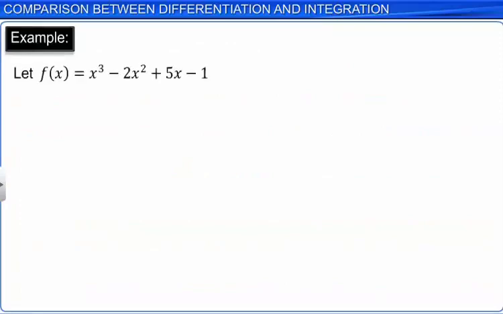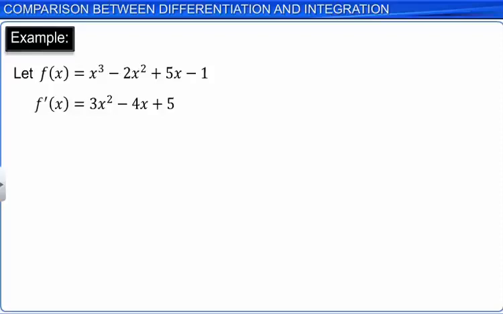Now, on differentiating both the sides, we get f dash of x is equal to 3x squared minus 4x plus 5. Here the degree of f dash of x is 2. This shows that when a polynomial function is differentiated, the result is a polynomial function with degree 1 less than the degree of the original polynomial function.